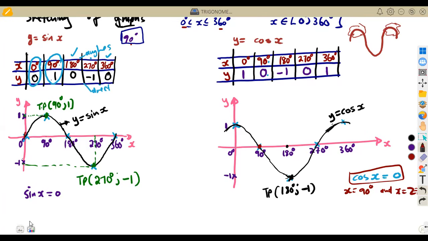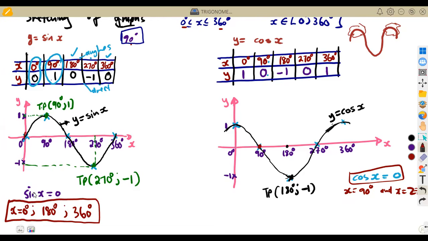So x is going to be 0 degrees, or at this point where it meets with the horizontal, that is at 180 degrees, or at this point, which is at what? 360 degrees. So these are the intercepts of the graph and the x-axis, or the values of x if sine x is equal to 0.